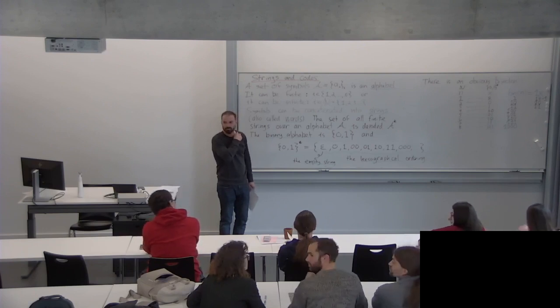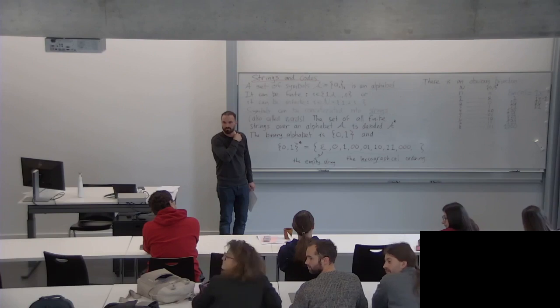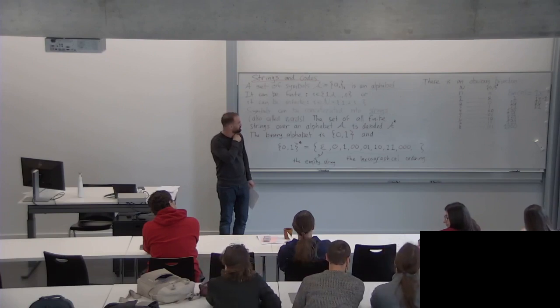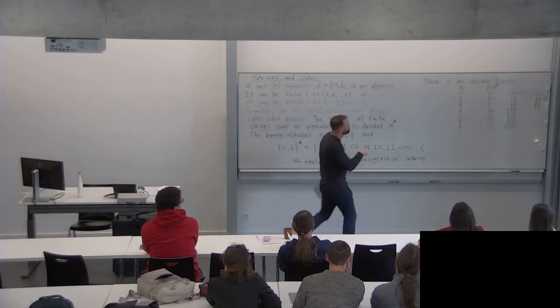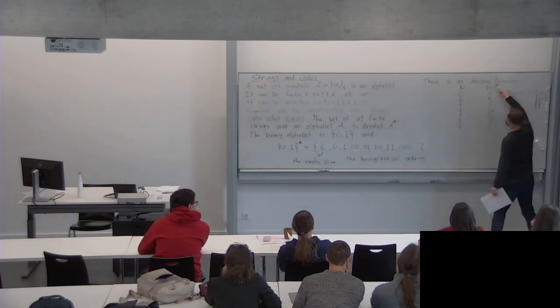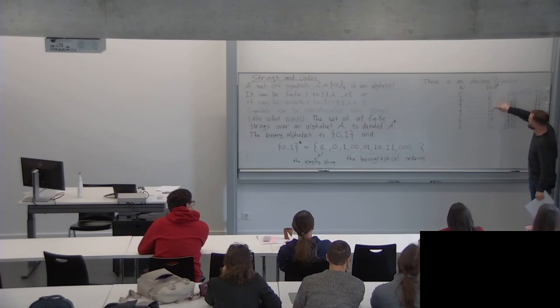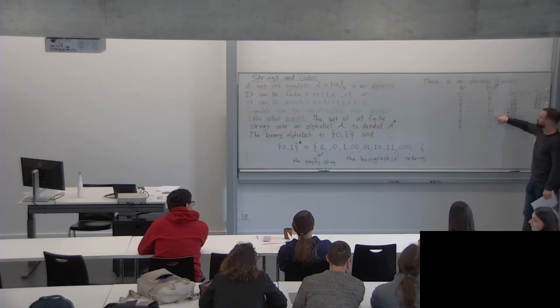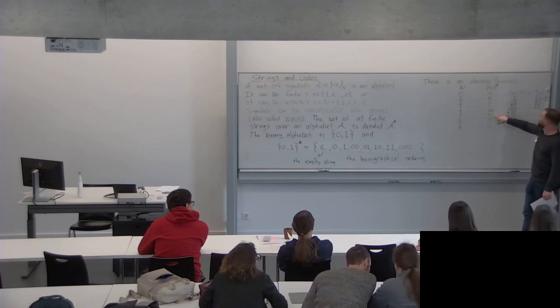No, you have 0 and epsilon. There you don't have both. Oh yeah, I do. These are my strings: epsilon, 0, 1, 00, 01. It's a mapping from n.